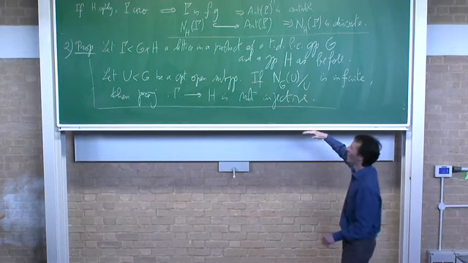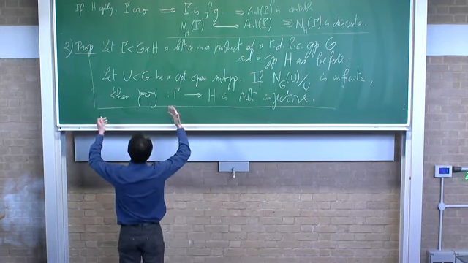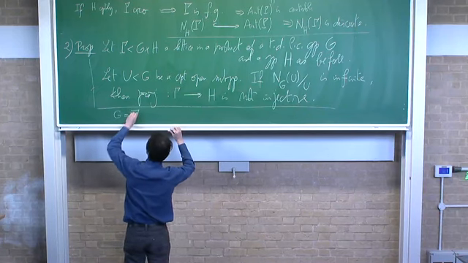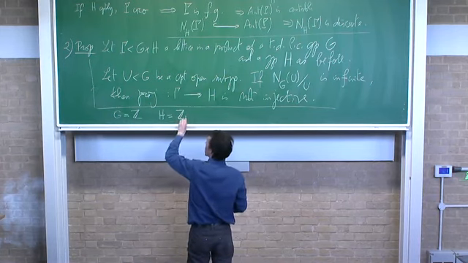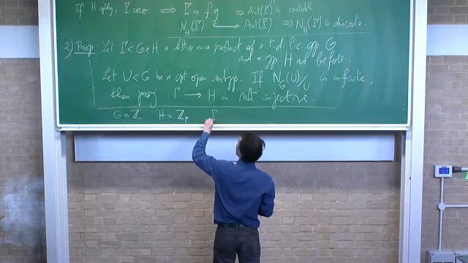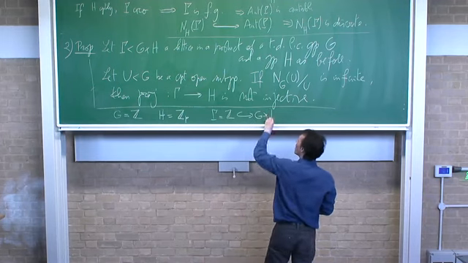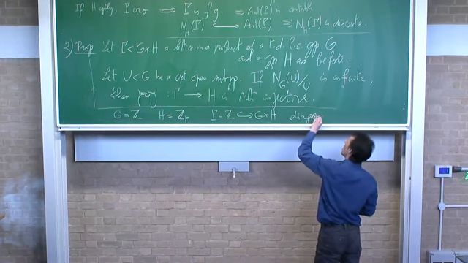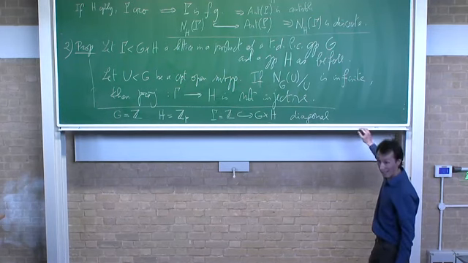Okay, again, let me just illustrate this with a counterexample. So for G, you can take Z, for H, you can take Z_p, the p-adic integers, and gamma, a copy of Z diagonally embedded.